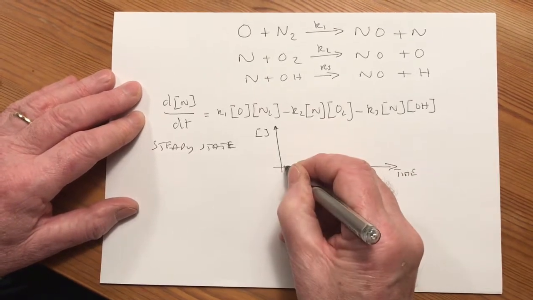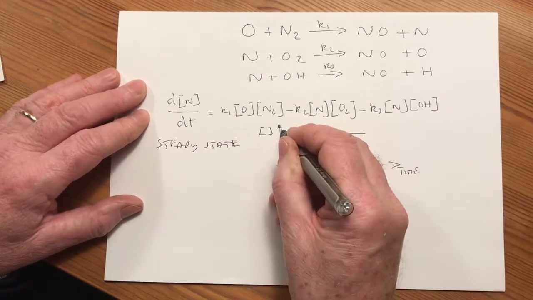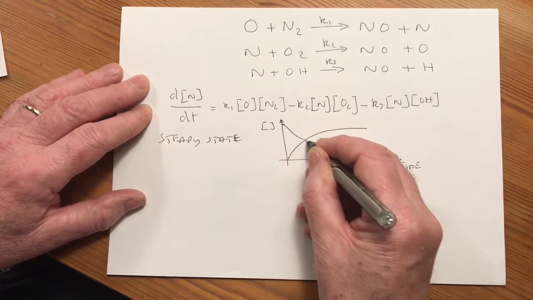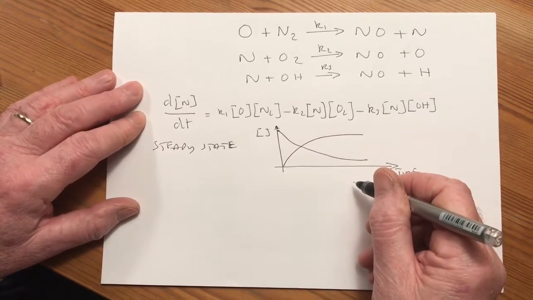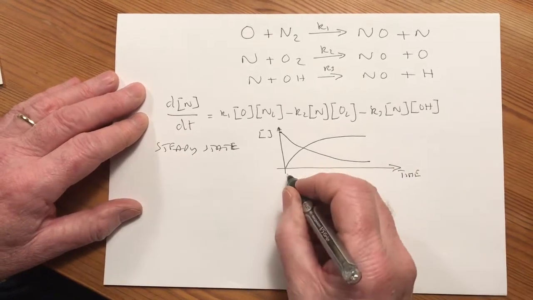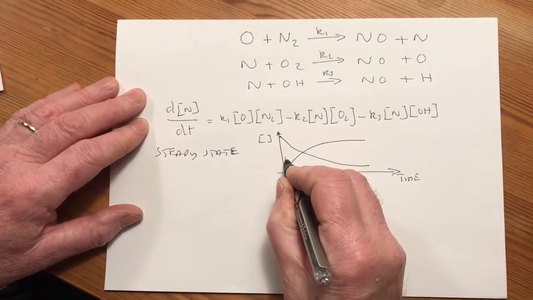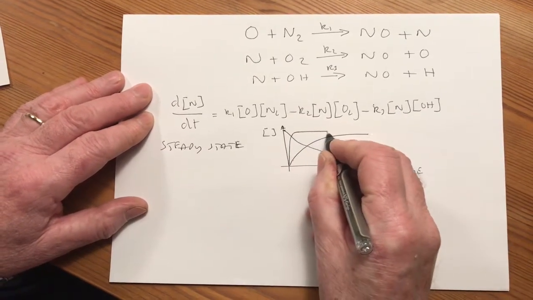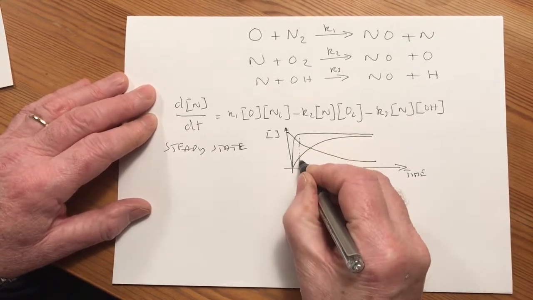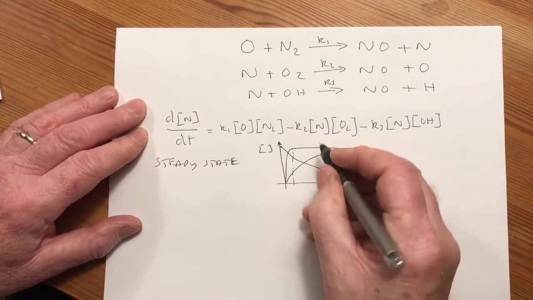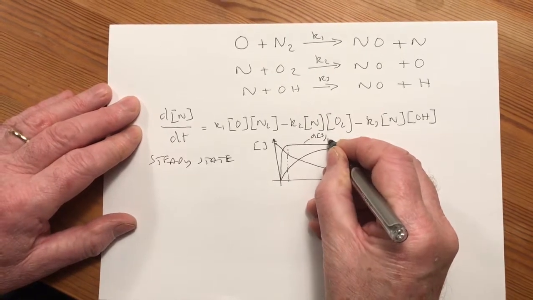Some of them may start off with high concentration and go to lower concentration. Some of them, which involve in particular radicals, may react extremely quickly. So if we take one of them, it might look like this. It will react over a very short time, and then the rate, the d concentration dt, is equal to 0.